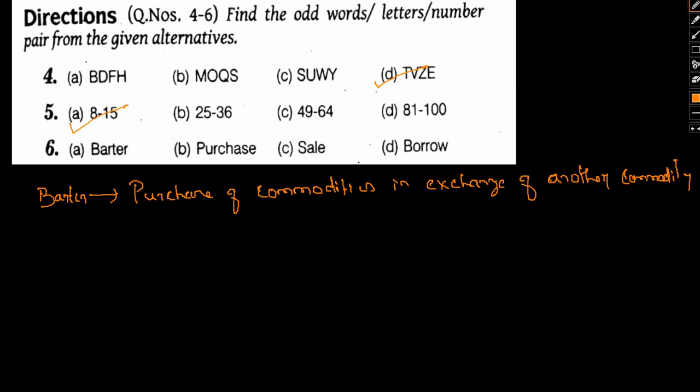So one thing that we can actually see in all barter, purchase and borrow is that suppose I have two people. Okay, say this is the customer and this is the owner. So in barter, purchase and sale, the commodity of the owner is actually being permanently owned by the customer.